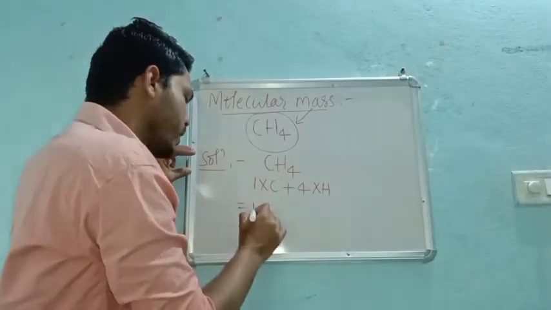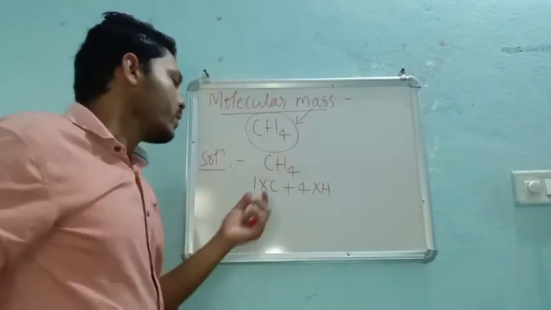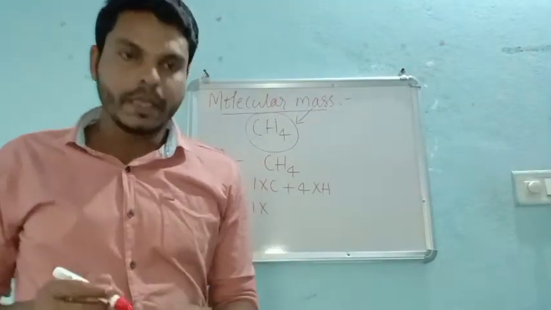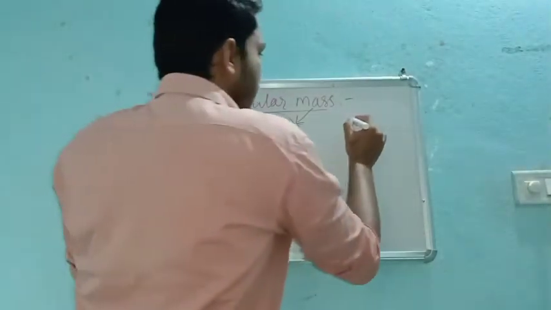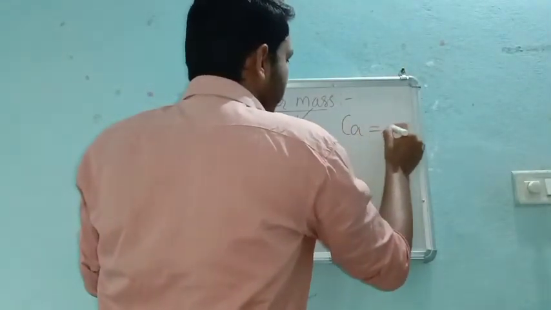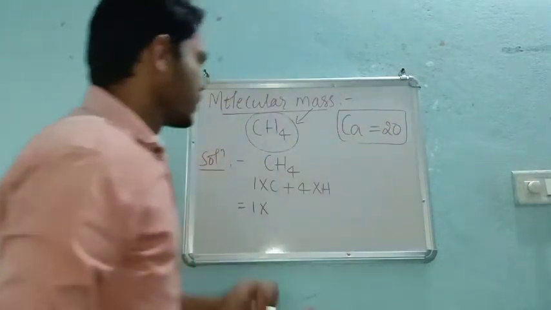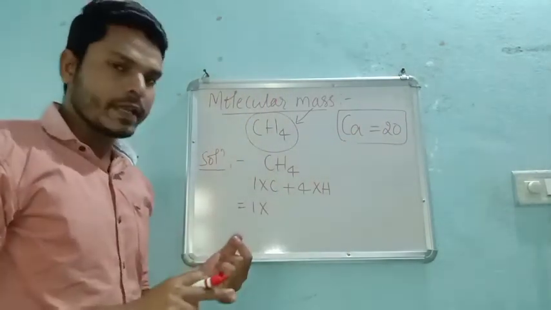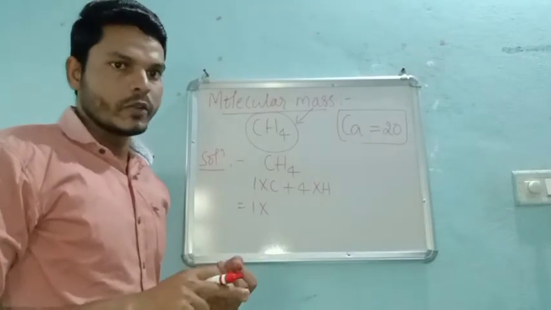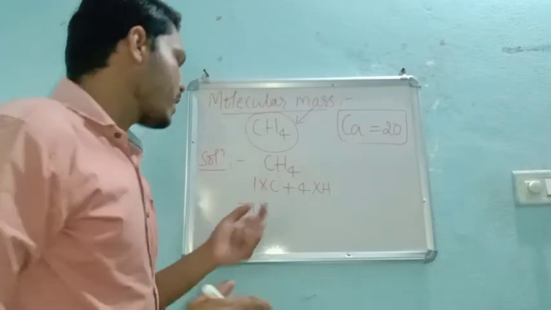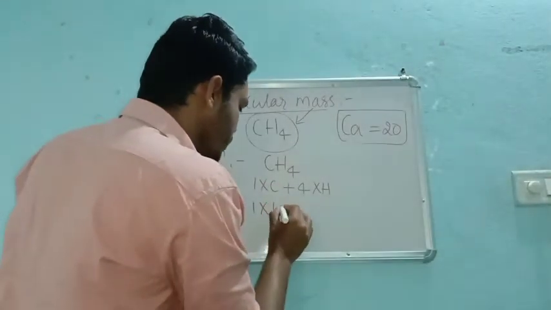Now, 1 into what is the molecular mass of carbon? That's why I said please try to remember at least till calcium. This is very important for you. You need to remember these 2 points, the molecular mass as well as the atomic number. Carbon, you can check it.